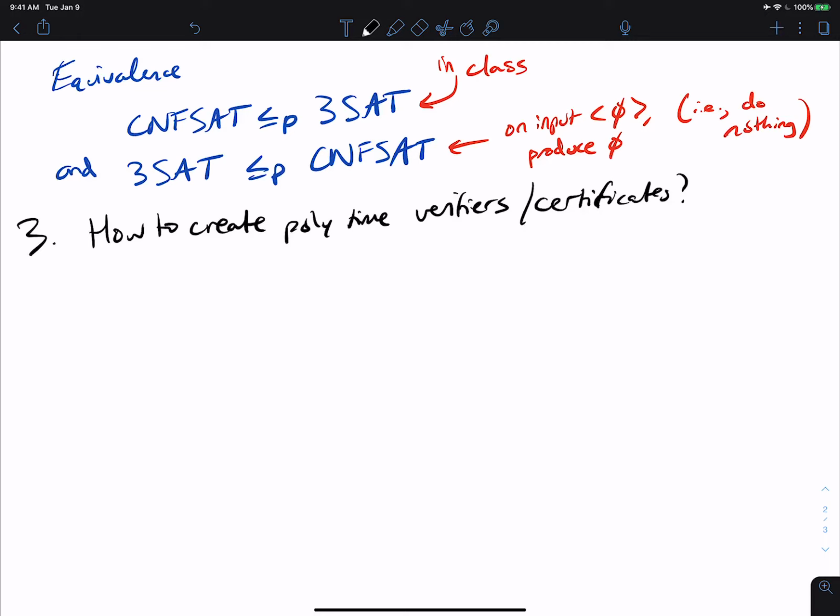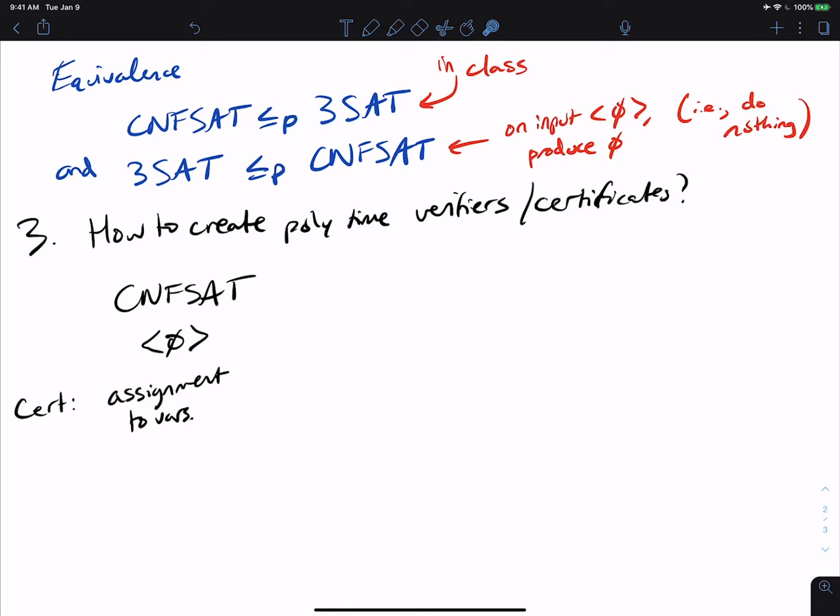The way you should think about this, if you're stuck, is to say, well, what are the certificates and verifiers we've talked about so far? So for CNF-SAT, we're given a formula phi, and the certificate here would be an assignment to the variables. Because that's what the problem is really asking: is there an assignment that satisfies the formula?